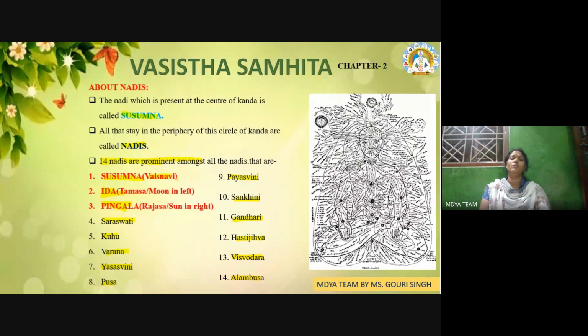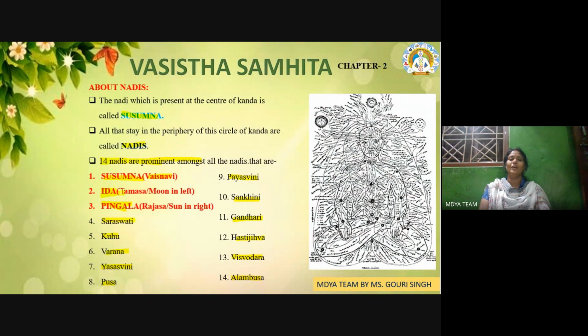Note it down, very important. Just as in yoga the Shakti meets Shiva, in the same way Vasishtha describes that Susumna is the Vaishnavi. It will meet Vishnu when the Kundalini Shakti is raised up and reaches that area.